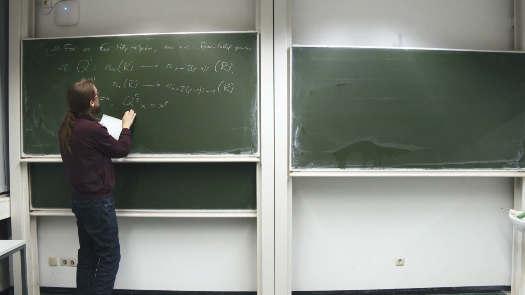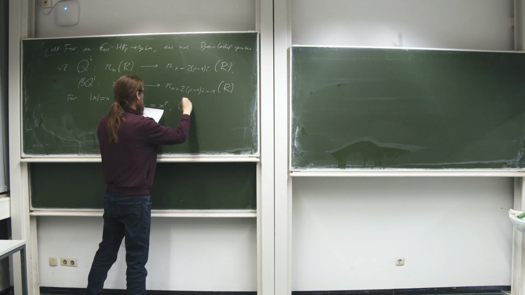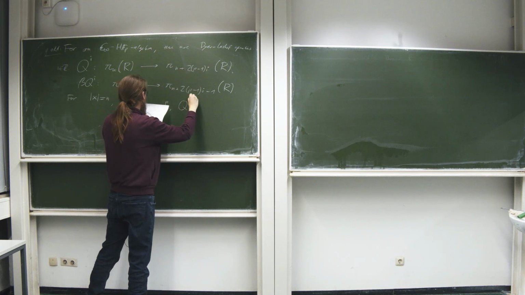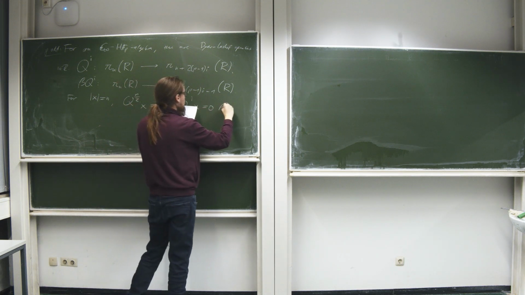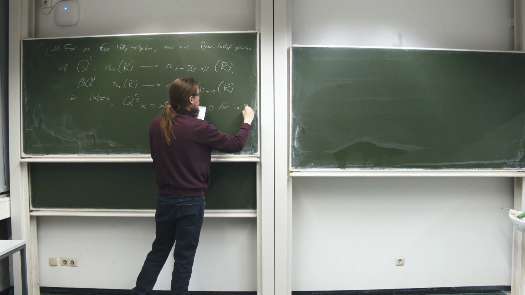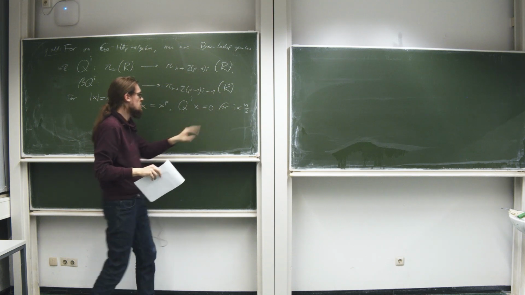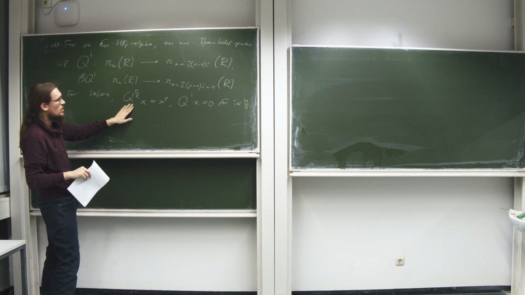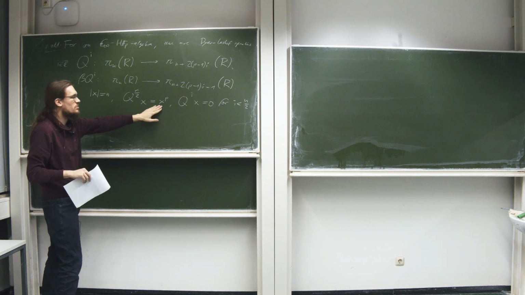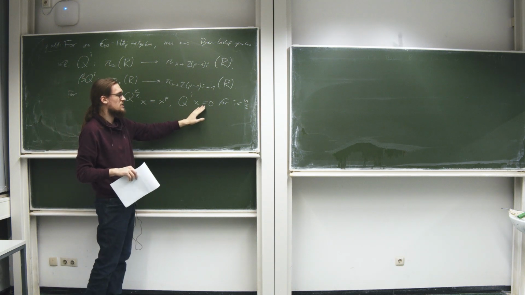And also, you have Q^i of x is 0 for i smaller than n/2. And this is also valid for n odd, right? So the takeaway here is that in the bottom degree where these are nonzero, in the even case, they're simply a special case, given by just raising to the power. And then in lower degrees, they're 0.